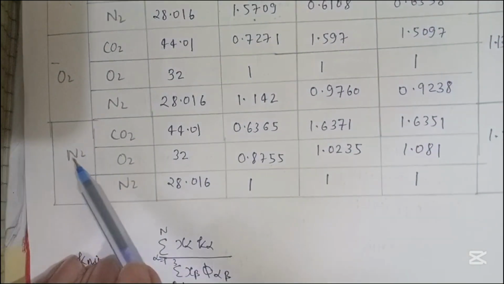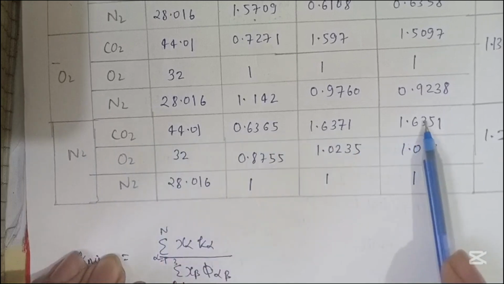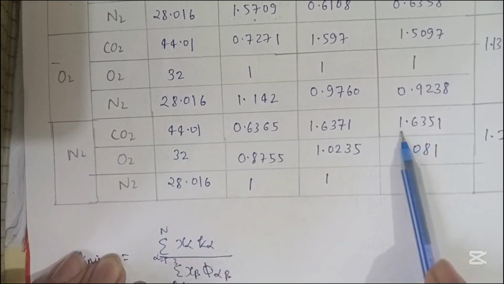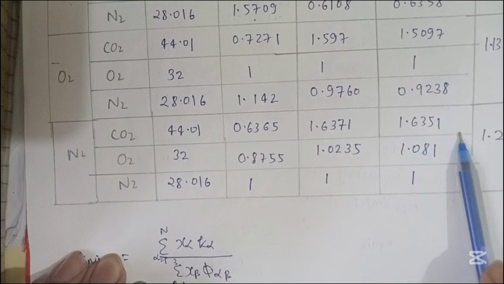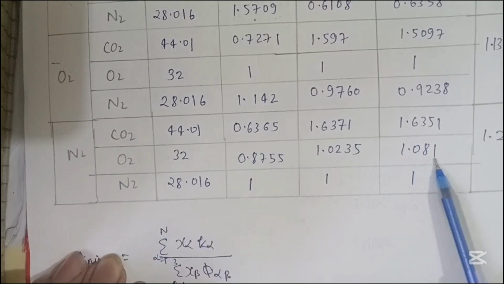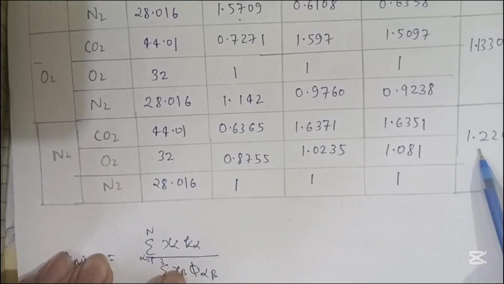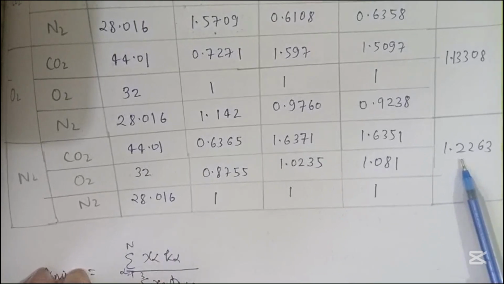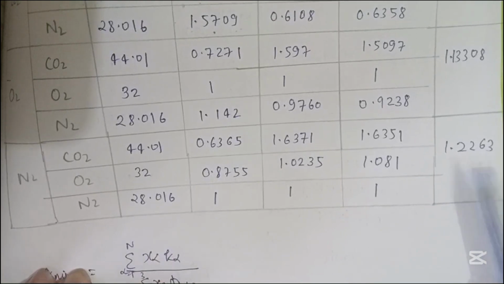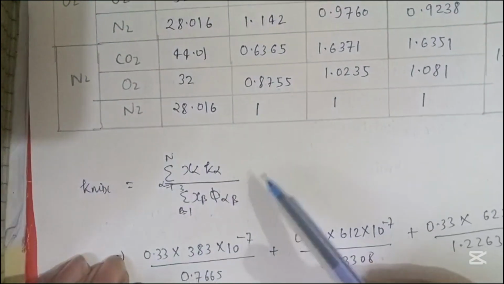And for N2, the phi alpha beta for N2 to CO2 is 1.6351, N2 and O2 is 1.081, and N2 and N2 is 1, and the sigma value is 1.2263. Now we have obtained all the details. We can put them into the formula.